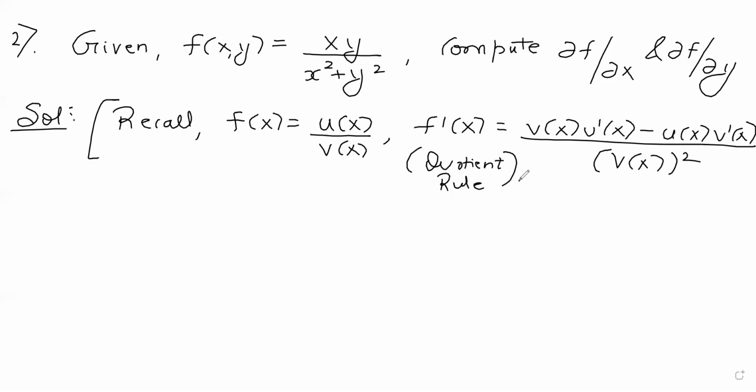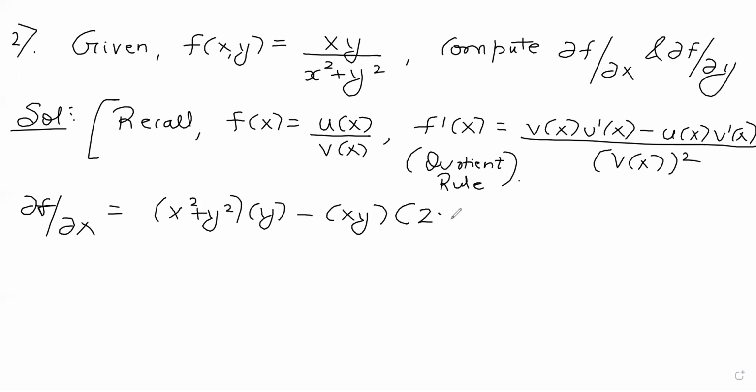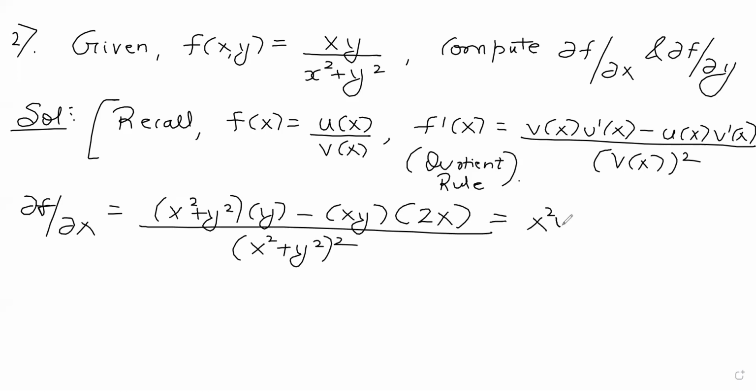Let's apply it to this question. If I have to find del f by del x, treat y as a constant. Denominator into derivative of numerator minus numerator into derivative of denominator upon square of the denominator comes out as x square y plus y cube minus 2x square y upon x square plus y square whole square.